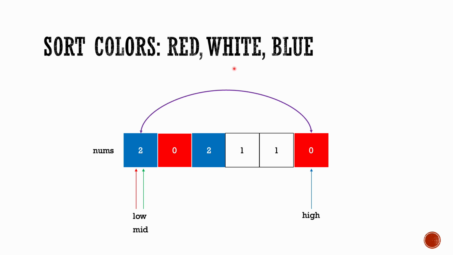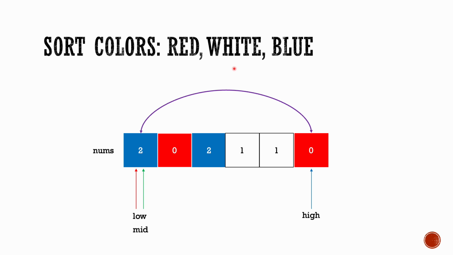Why? Because we've still not processed the number at mid. That swapped number from high could be anything. It could be 0 or 1 or even 2. We don't know, so we'll process that, and only then we'll move mid.